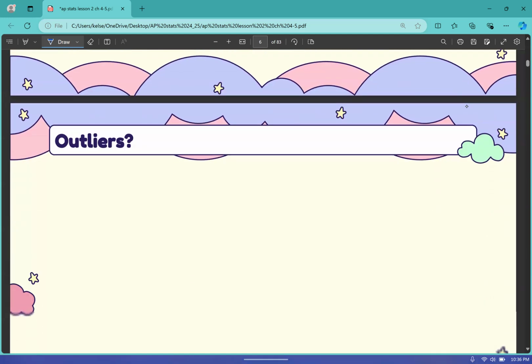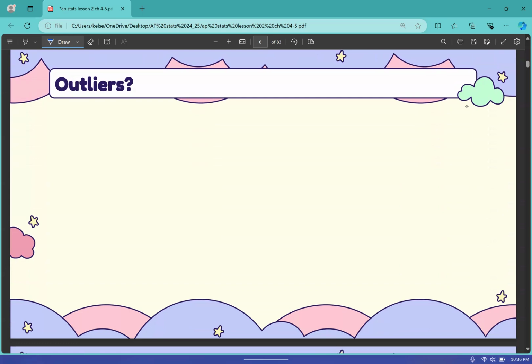So now a little bit more about outliers here. We've been using the 1.5 IQR rule. I want you to understand that when we're talking about outliers, outliers are anything that lies more than 1.5 times the IQR below Q1 and above Q3.